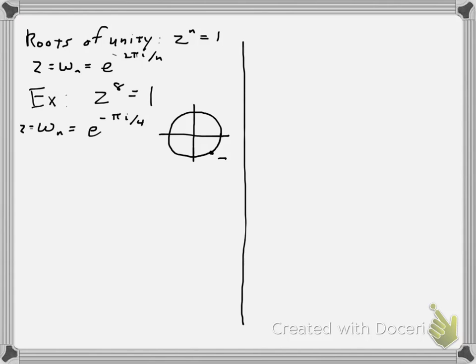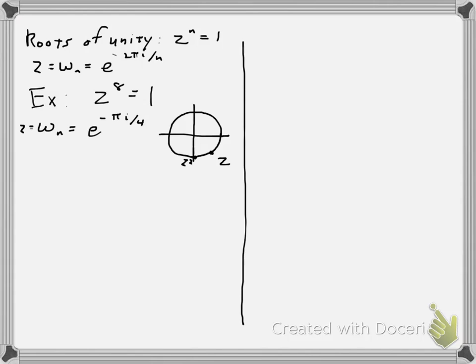Let me write z here, and if we square z, if you recall our result where we multiplied complex numbers given in their polar representation, if we compute z squared, we basically just travel another pi over 4 in the clockwise direction. So here is z squared, and z squared is actually minus i.